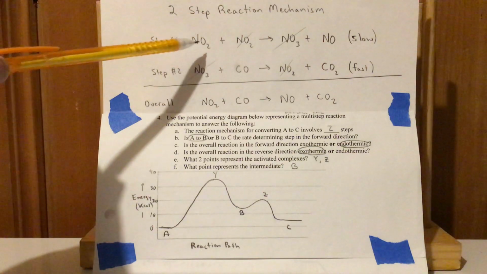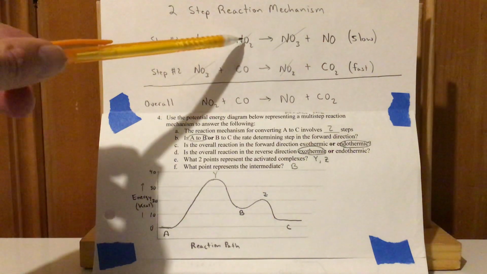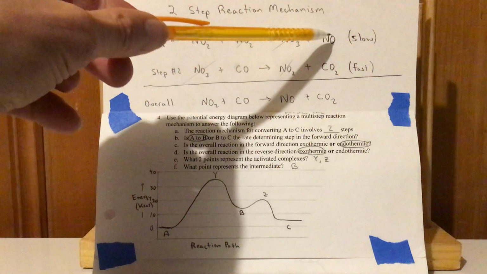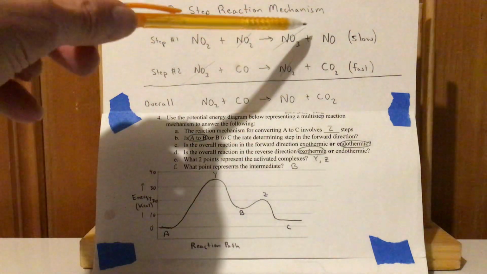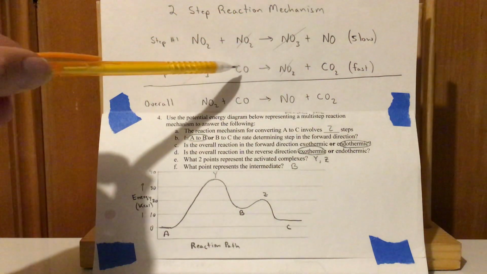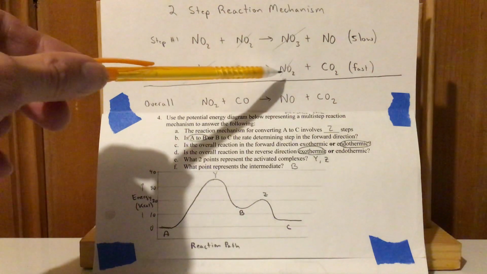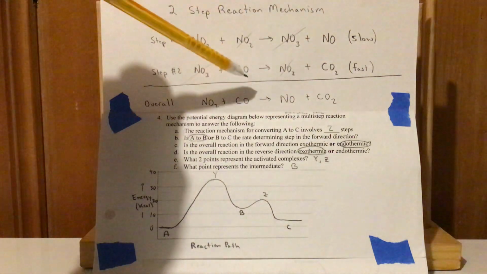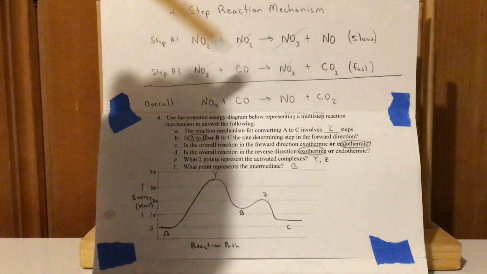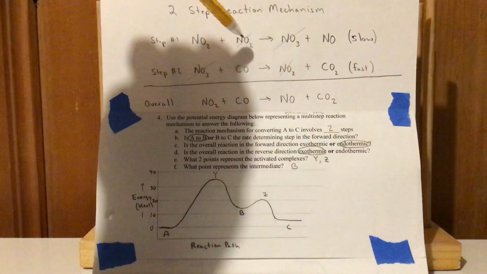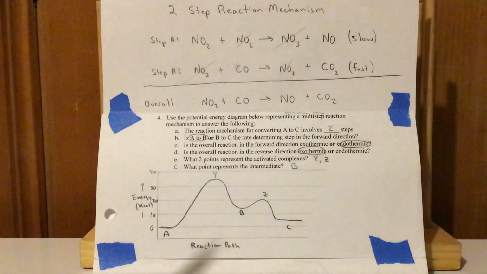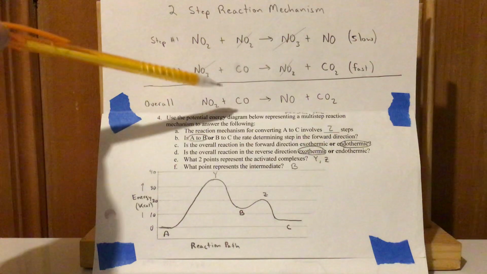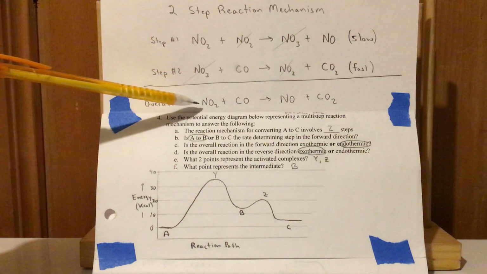The first step involves NO2 combining with another NO2 to form NO3 and NO. Then the NO3 that was formed combines with carbon monoxide to form NO2 and CO2. So we can look at Hess's law and add up these reactions. We can cross out the NO3 and the NO3, the NO2 and the NO2, and add those up to equal this overall reaction.